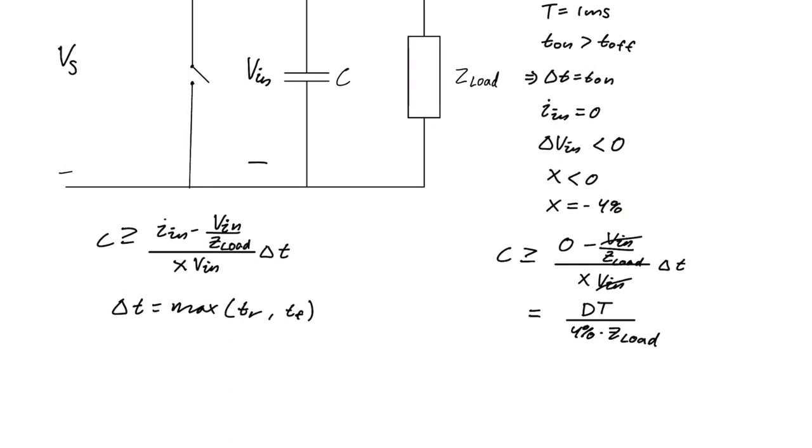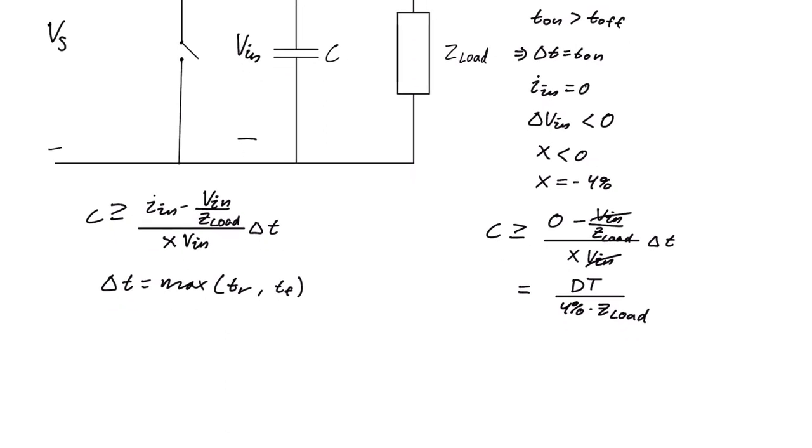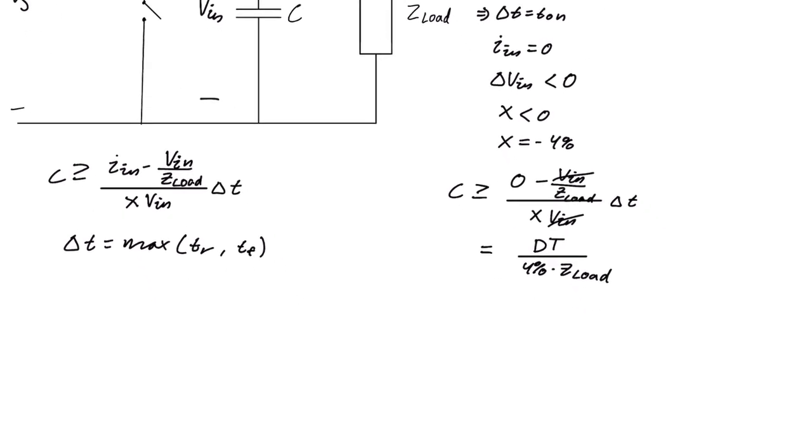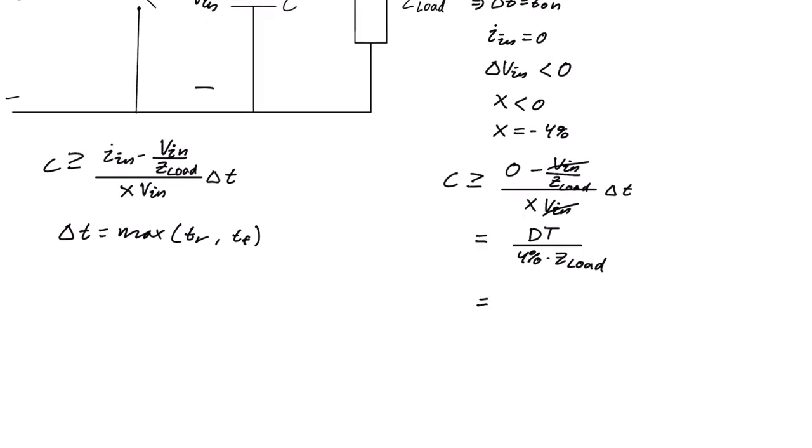So if we say that Z load is equal to 1 ohm, let's just say that, we can now calculate the capacitance, which would be 70% multiplied by 1 millisecond over 4%. So the percent goes with the percent. And then multiply by 1.